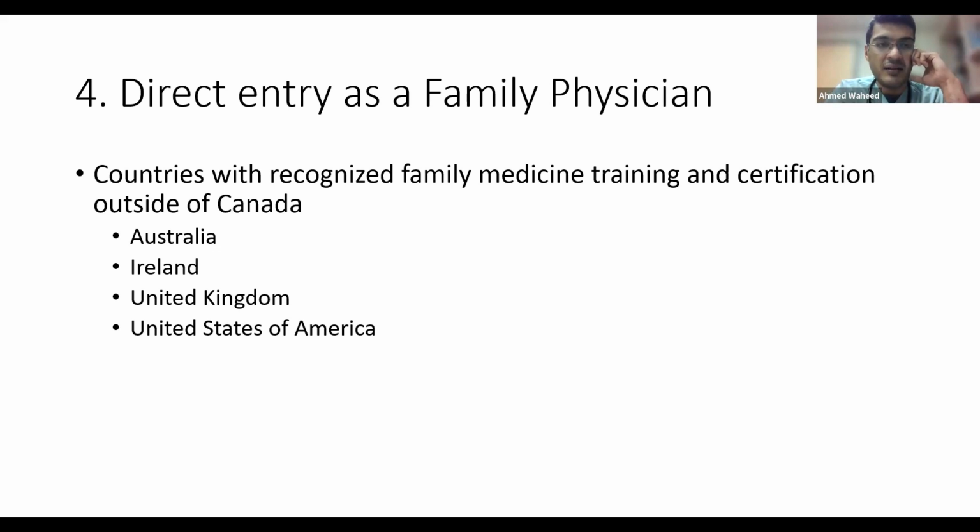So most of the people from the UK do their training and come over here. The good point is that UK training in family medicine is accepted as training in Canada. People don't have to go into any residency program, any MLP IMG program or something like that. They can enter directly into the system.